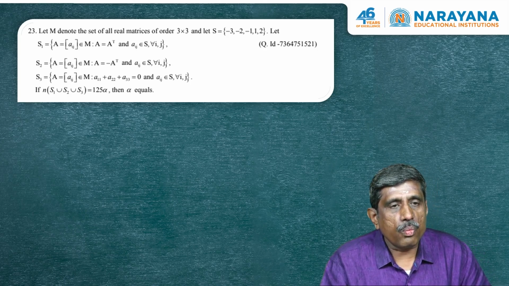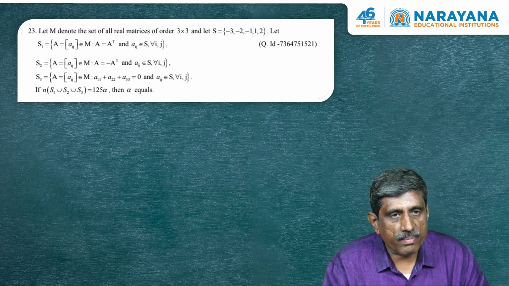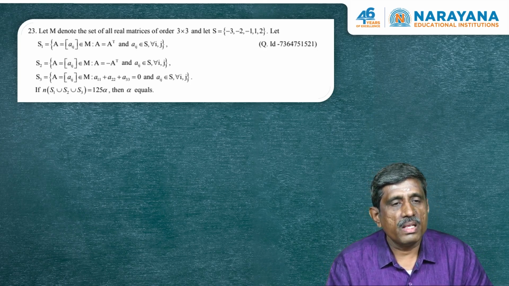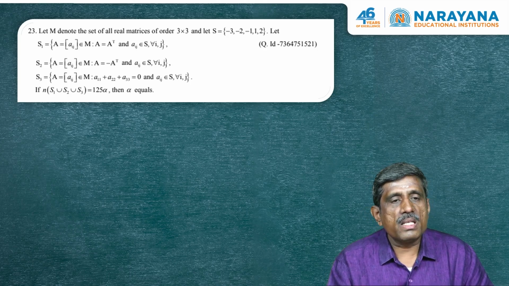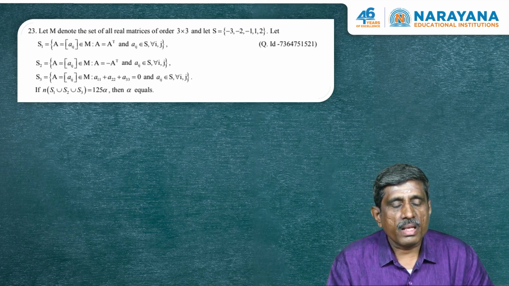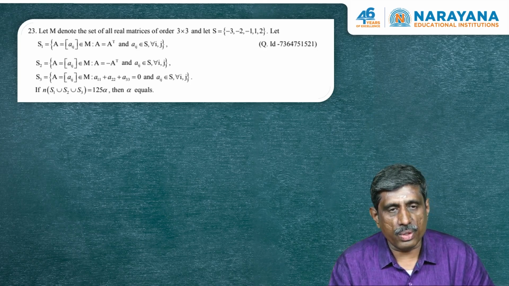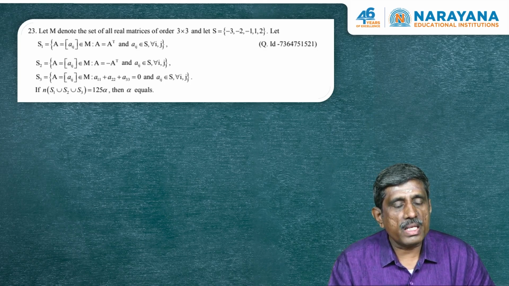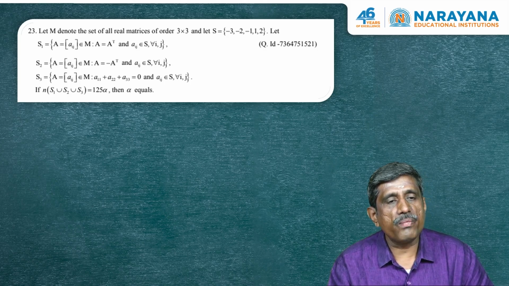We have one set of matrices S1 such that A is equal to A transpose, symmetric matrix. S2, A is equal to minus A transpose, skew symmetric matrix. S3, A11 plus A22 plus A33 is equal to 0, trace is equal to 0. If n of S1 union S2 union S3 is 125 times alpha, what is alpha is the question.